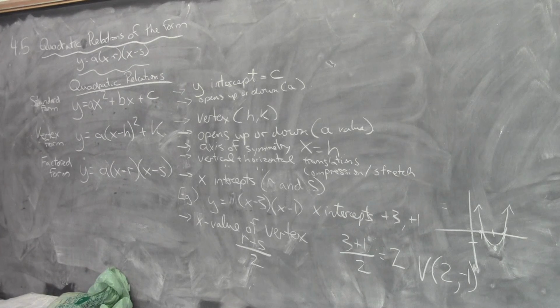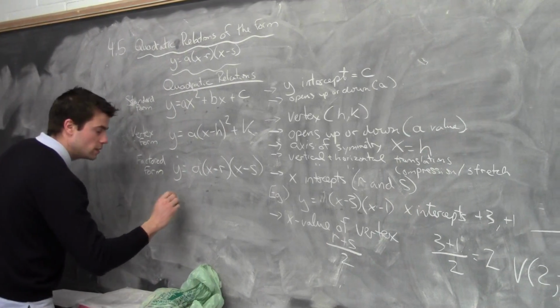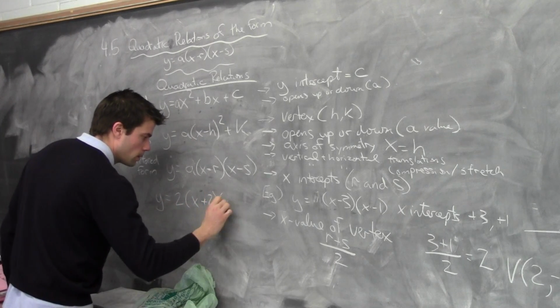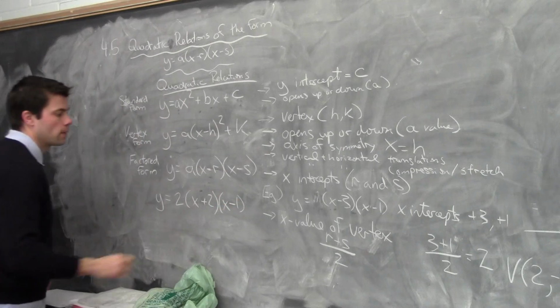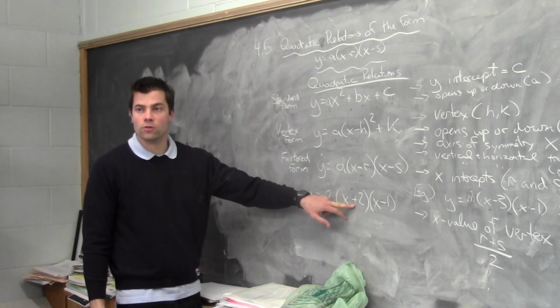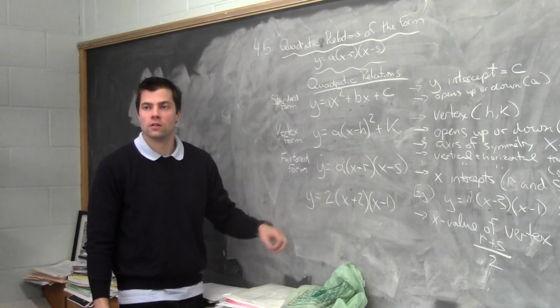David? How could you tell if the x-intercepts are negative? Okay, good question. So if the formula looked like this, okay, now David, my x-intercept would be -2 in this case. Okay, so it's the opposite sign that you see in the brackets here.